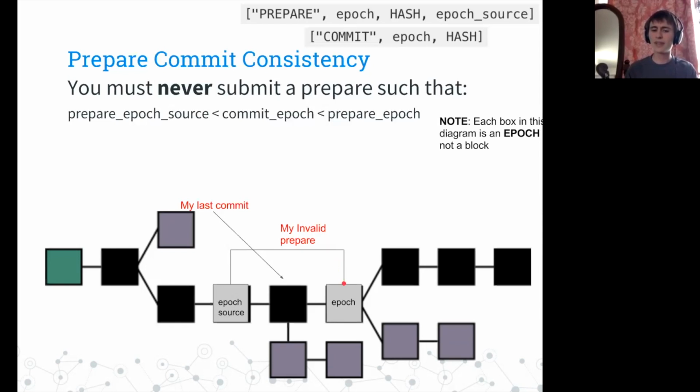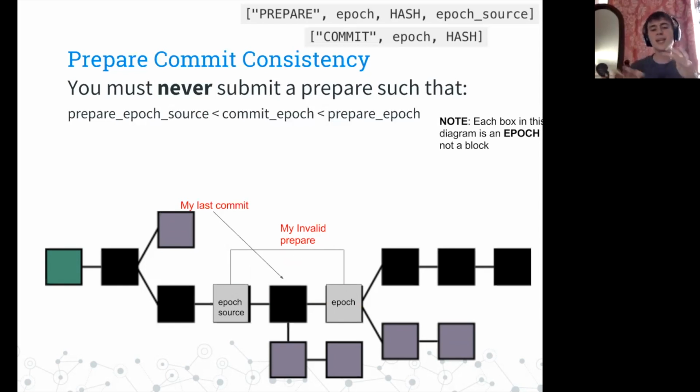And the reason why it's invalid is because I'm not including the block that I committed to in the prepare. Technically speaking, there are a couple of situations where, if you didn't have that rule, you could finalize multiple different blockchains and not violate any slashing conditions. I'm not going to go into those exact examples because they're a lot to get your head wrapped around.